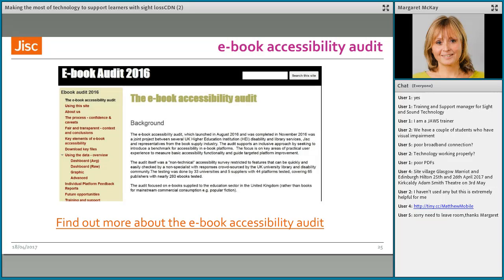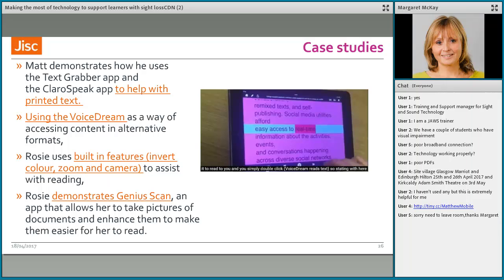They created this audit, and the great thing was they got publishers involved as well. So if you're using ebook platforms in your institution and you want to know whether they're accessible, this is a fantastic crowdsourced audit.